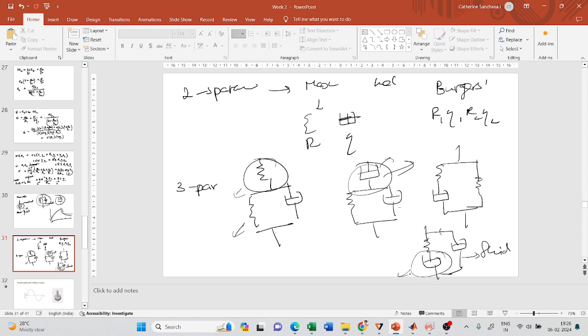Here, this spring cannot bring the deformation to zero because of this dashpot. Here the deformation can be brought to zero because of this spring. So this is how various elements can be arranged.